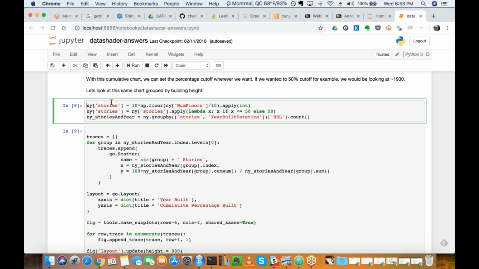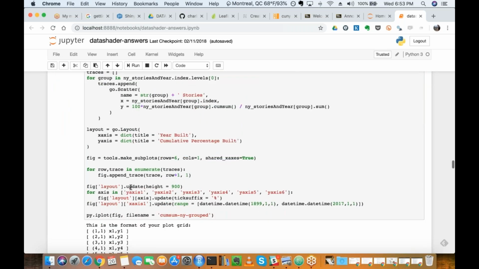So we have these bins created, and then all I'm doing is looping through those bins and looking at these different index levels and just creating a trace for each of those. Similarly to what we were mentioning last week or two weeks ago and earlier today, with Plotly you don't really have the grammar of graphics.